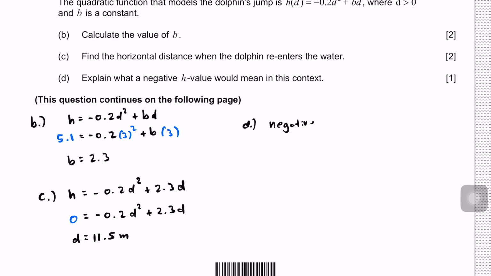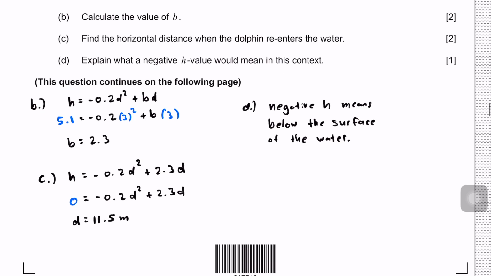Negative h means below the surface of the water. I should use CapCut and splice in under the sea. Maybe I will. Okay, negative h means we're below the surface of the water. We're underneath. We're in the water, I suppose.